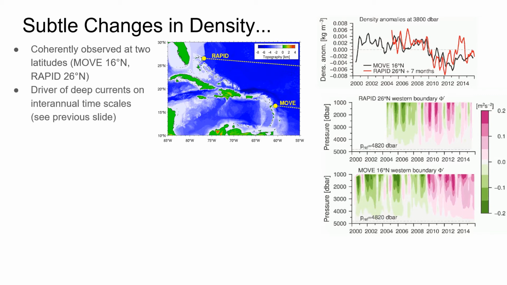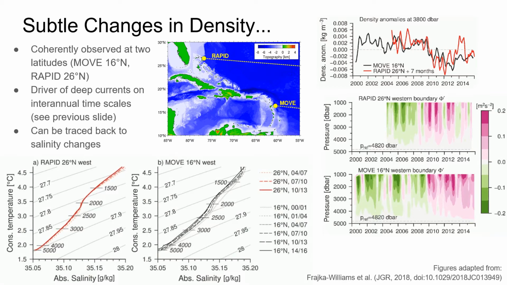For a closer look at where the density changes come from, the 2 bottom left panels show TS diagrams, temperature salinity diagrams, one from each site. Slanted numbers inside the panels denote isopycnals in kilograms per cubic meter, and upright numbers are depths in meters.